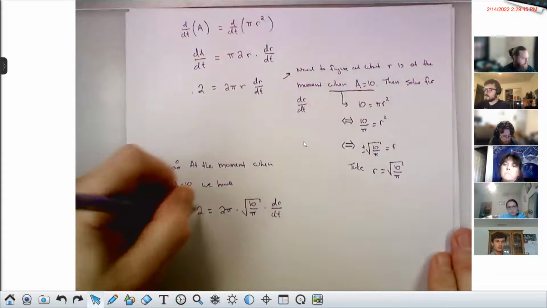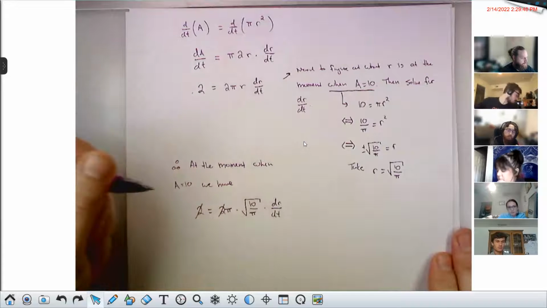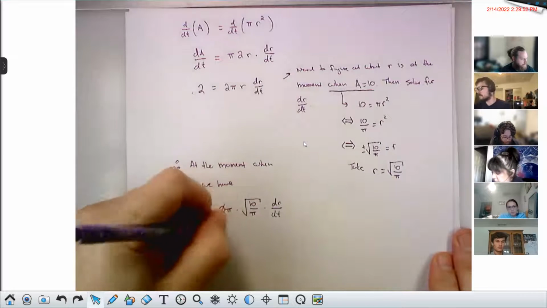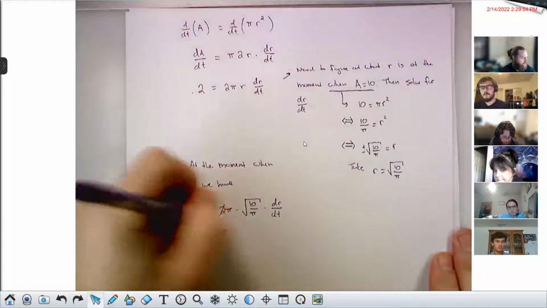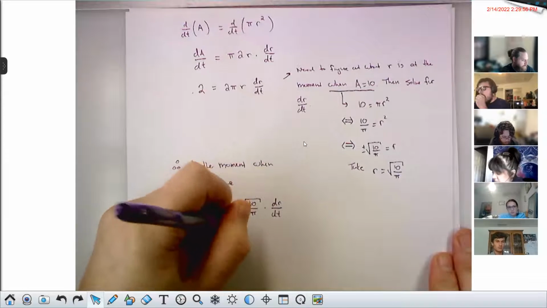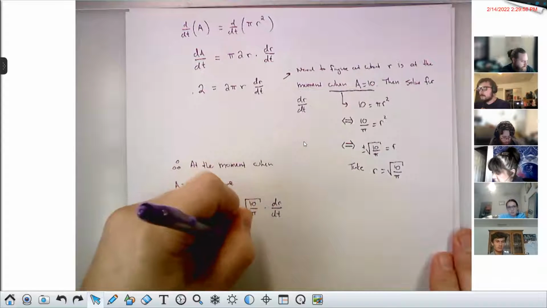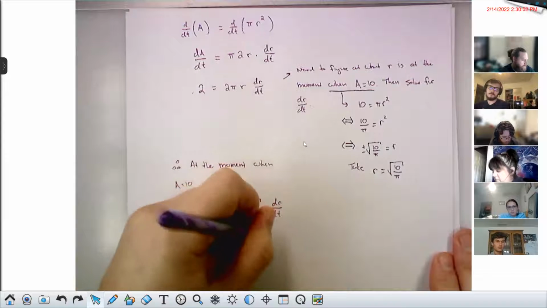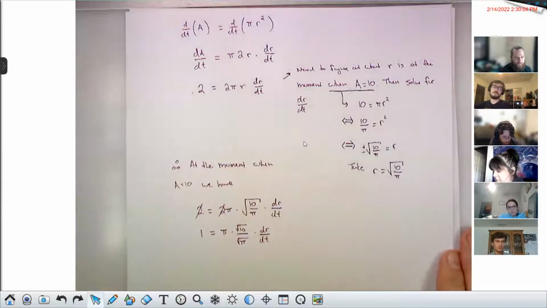I can divide both sides by 2, and the 2's will go away. I can split up the square root here. So I'll have 1 equals pi times the square root of 10 over the square root of pi times dr/dt.